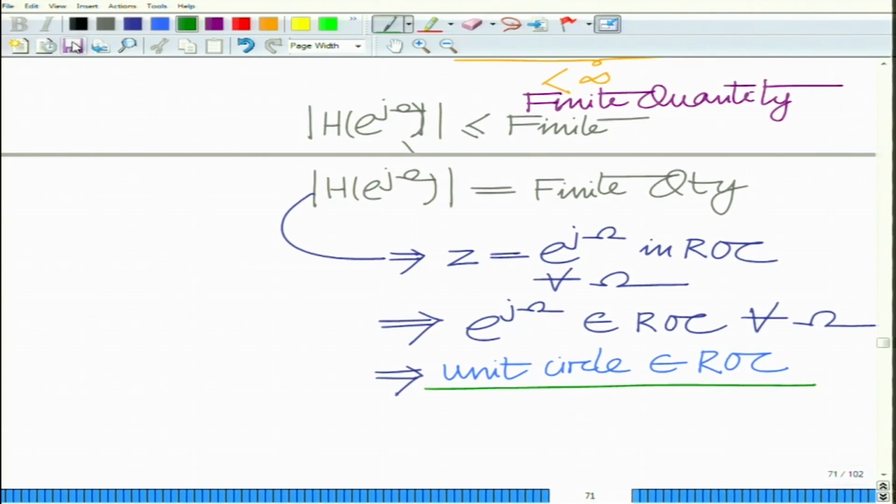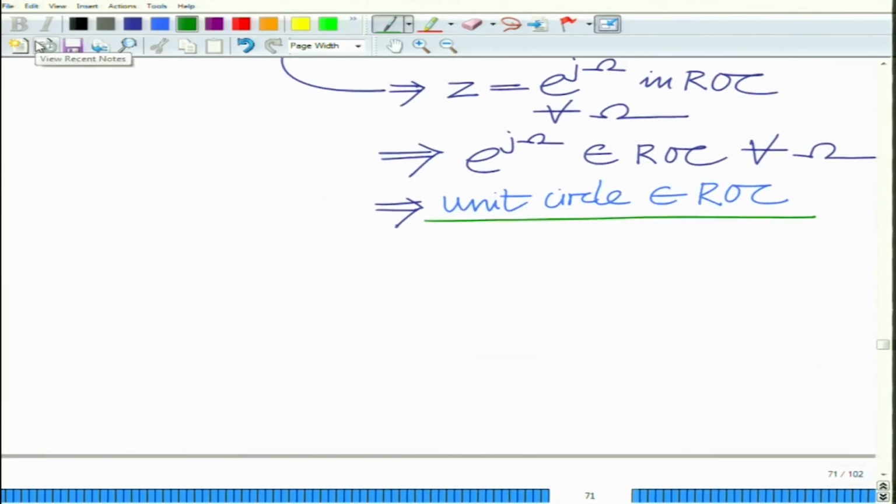Okay, so for a BIBO stable system, the system transfer function H(z) must include the unit circle in its ROC, region of convergence.